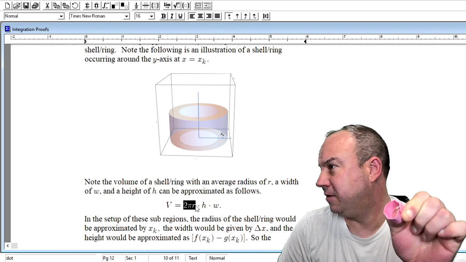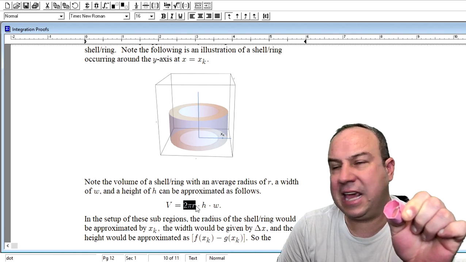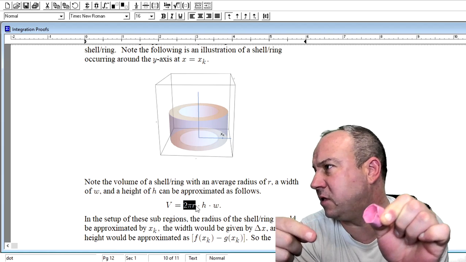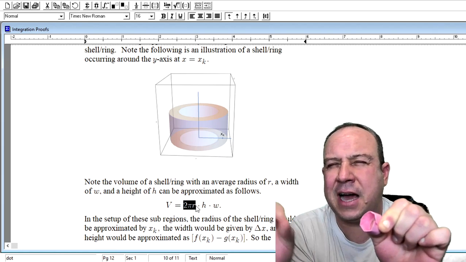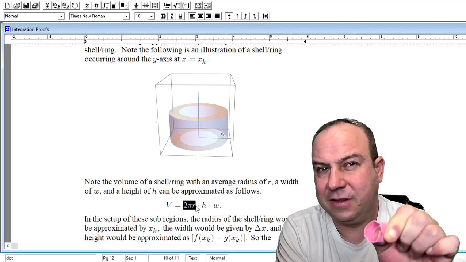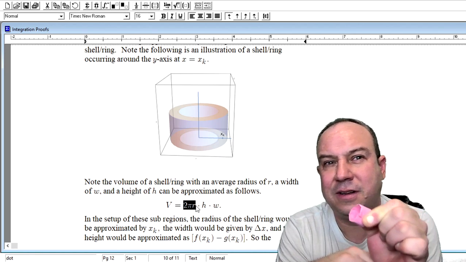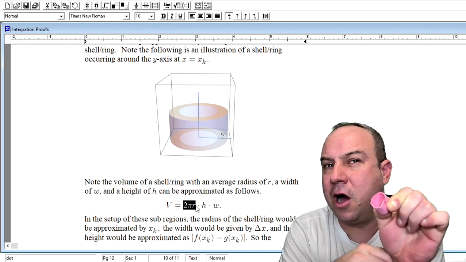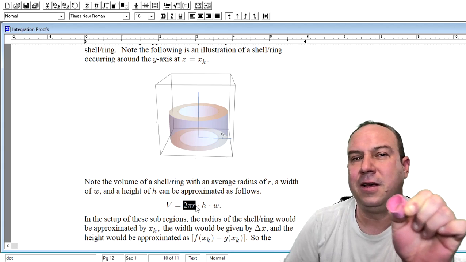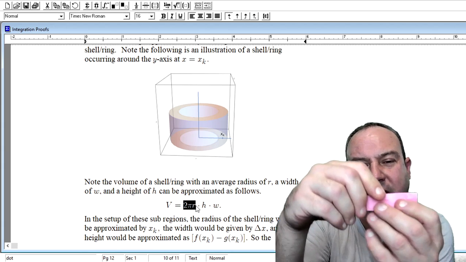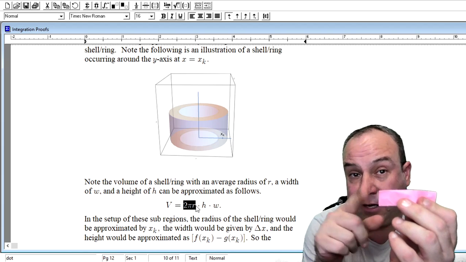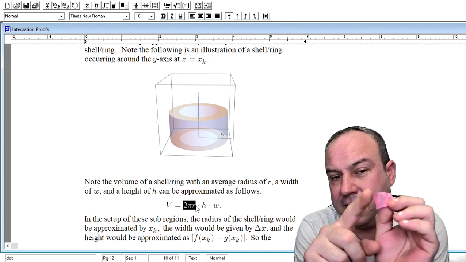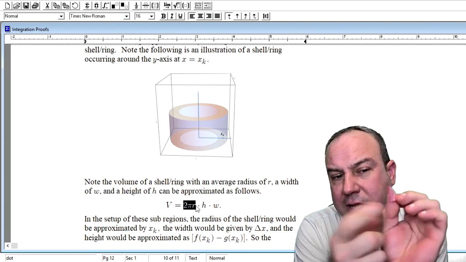Remember, circumference, if you know the radius, is just 2 pi times the radius. So 2 pi r is the length of this rectangular prism. This is the height measurement, and then this is the width.